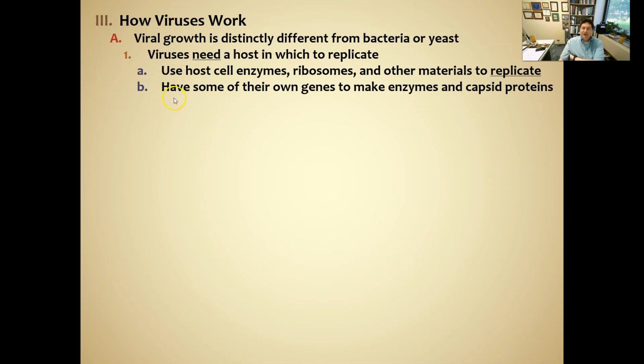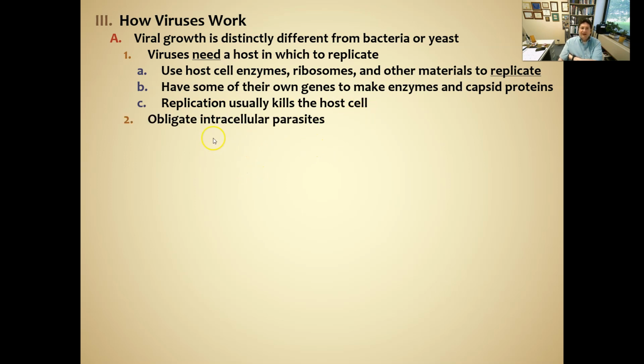The virus's genetic material has its own genes. So once the virus gets into a host cell, its own genes can become active and make its own enzymes. But it relies on that host cell to get started. Replication usually kills the host cell.